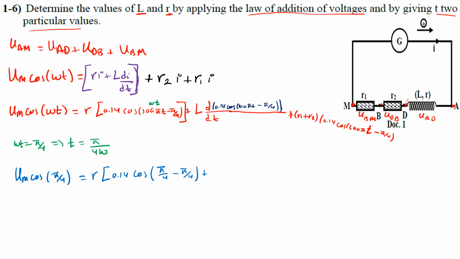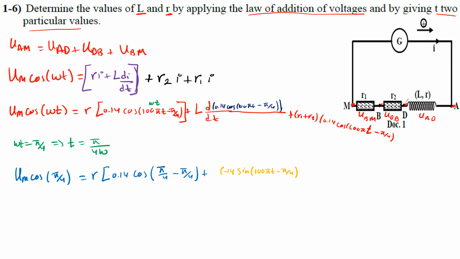for L di by dt, I will do the derivative part to take out the final form. So I will put it in golden yellow. After L, it will be minus 14 sine of 100 pi t minus pi over 4. Okay, so we'll get back to the main color.